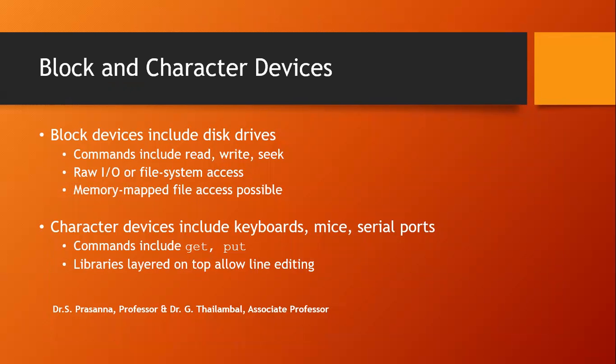What are block and character devices? Block devices include disk drives. Commands include read, write, seek, raw IO or file system access, and memory mapped file access is possible. Character devices include keyboards, mice, and serial ports. The commands include get and put, and the libraries layered on top allow line editing.